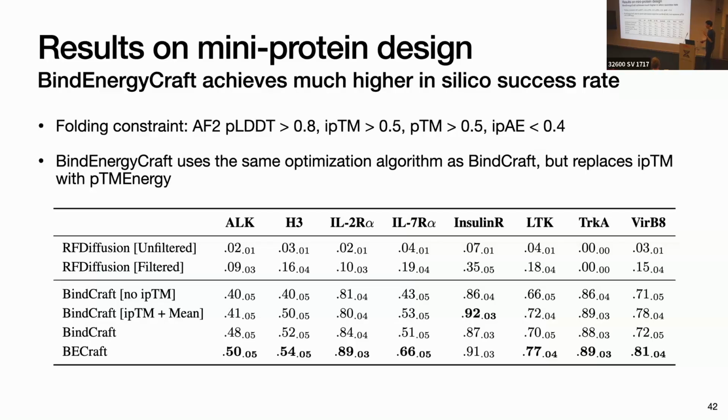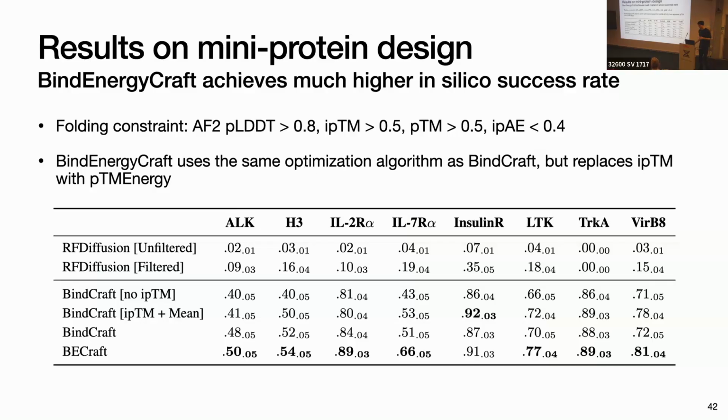But even with this mismatch, even though we are not optimizing ipTM directly, with this smoother energy score you can get much higher in silico success compared to BindCraft, which uses ipTM.